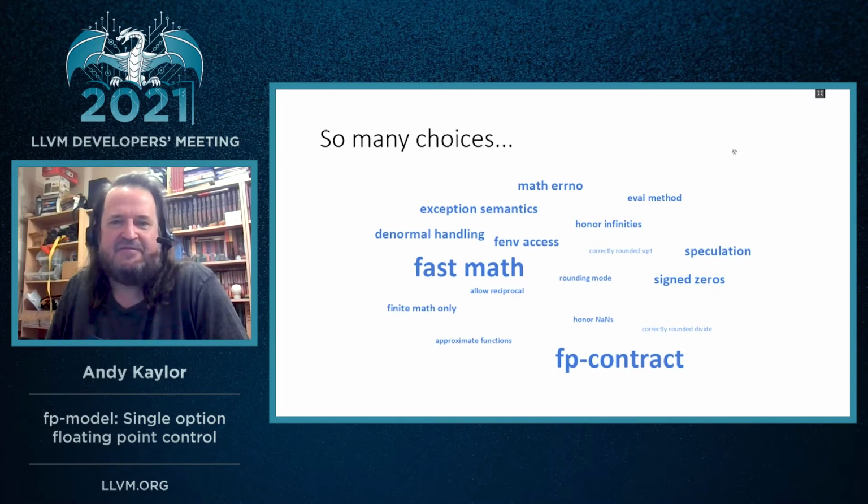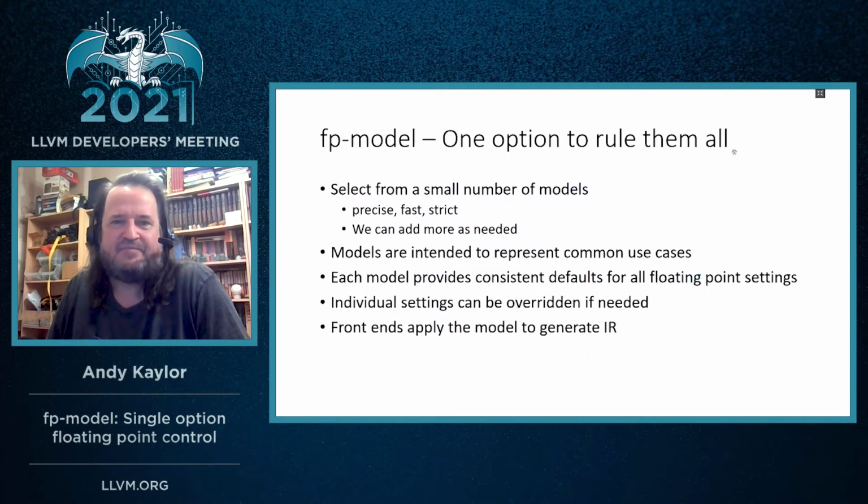But there are a lot of more fine-grained options that you can control things like whether the compiler allows changes to the rounding mode, how it handles denormal values, whether speculation is allowed or not. And each of these is controlled by a different command line option, and in some cases, more than one command line option. So we'd like to have a way to simplify that.